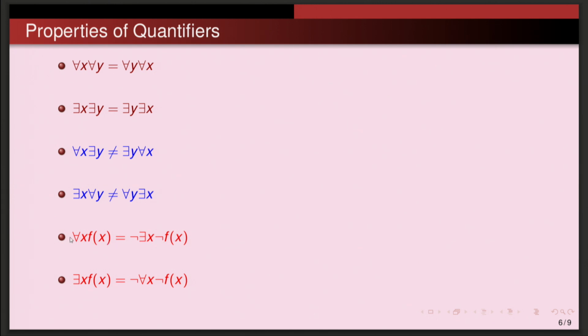For all x can be converted into existential by adding a negation before the quantifier and after the quantifier. Similarly, to convert the existential quantifier to the universal quantifier, we have to add a negation here. This is a very important property that we will be using in our reasoning methods.